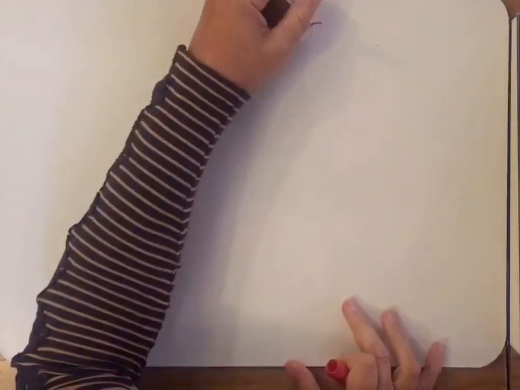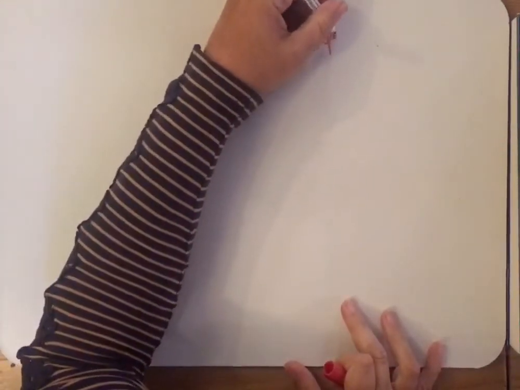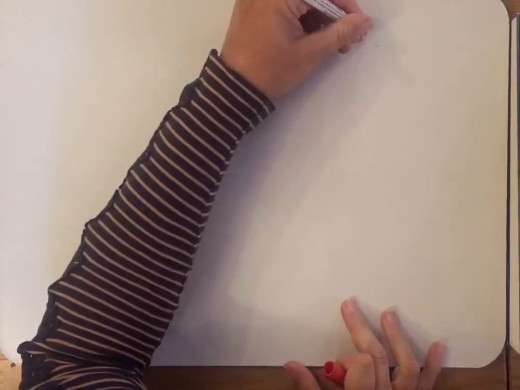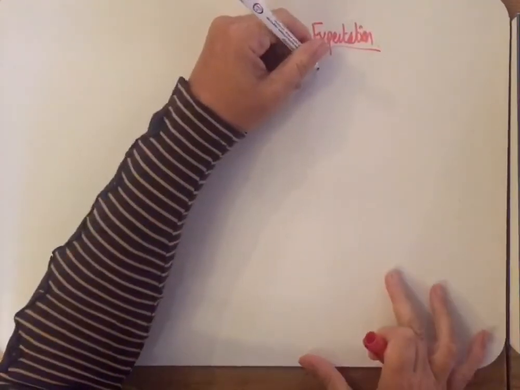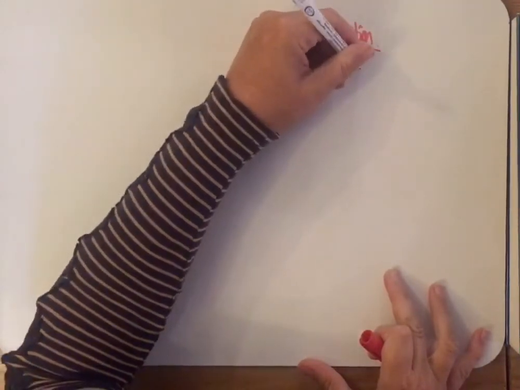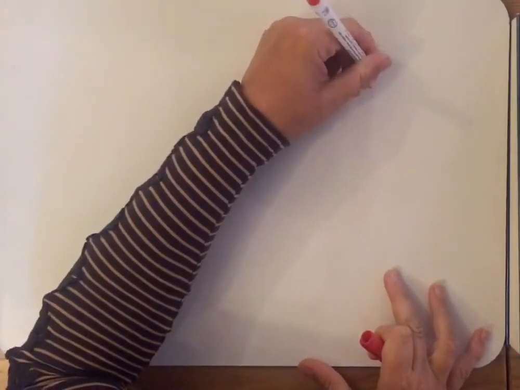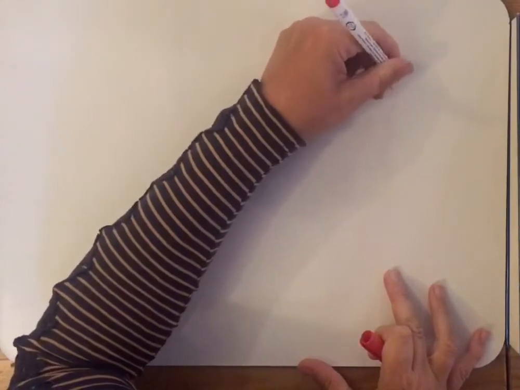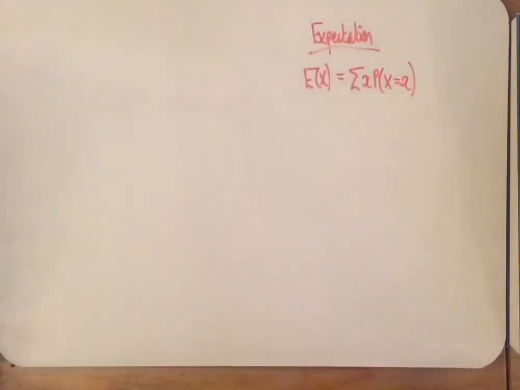Just to remind you about expectation. We did a bit of this recently. So the expectation of X is the sum of x times the probability X equals x.